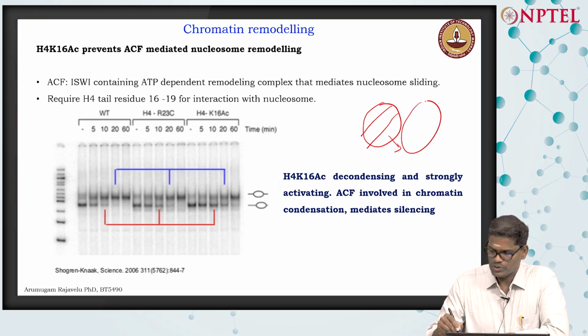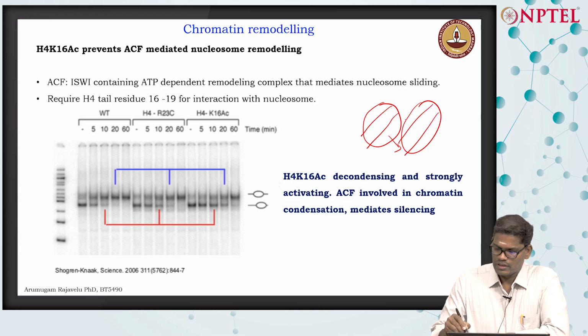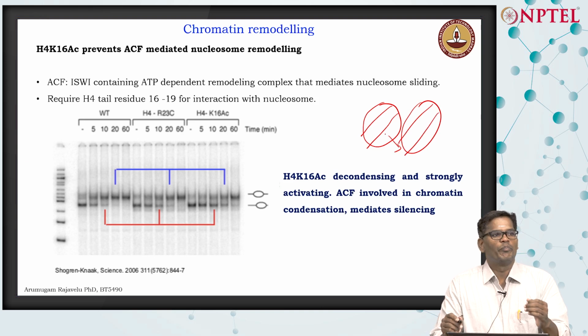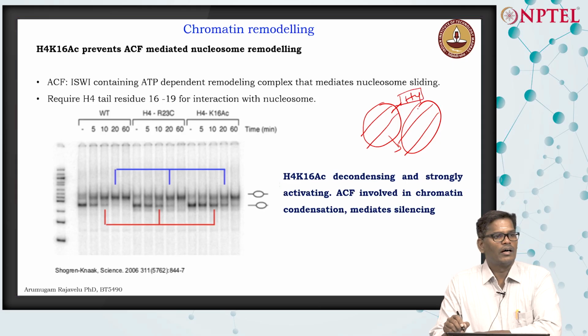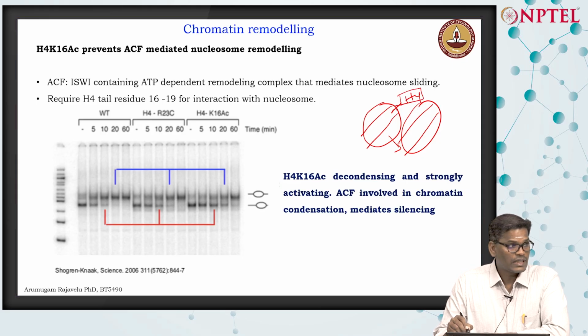There is another nucleosome structure, and there is a Histone 4 tail within the nucleosome itself, in this case a single nucleosome. The H4 tail interacts with the H2A proteins.